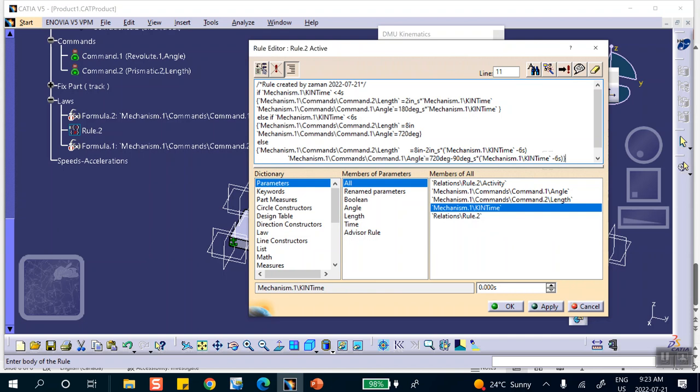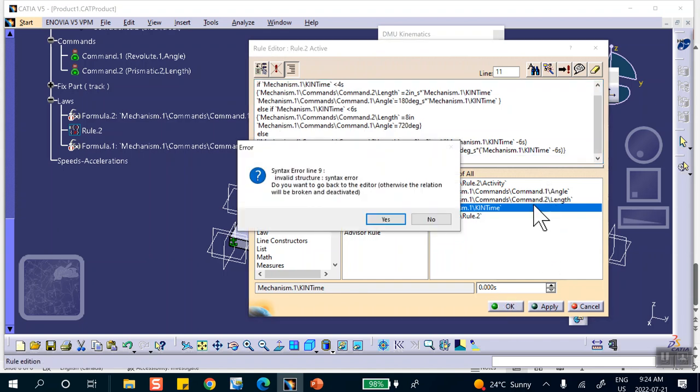And always pray you didn't miss the braces. Did I close the braces? Yeah, I think I did. I don't like to say okay. Invalid structure, line 9.